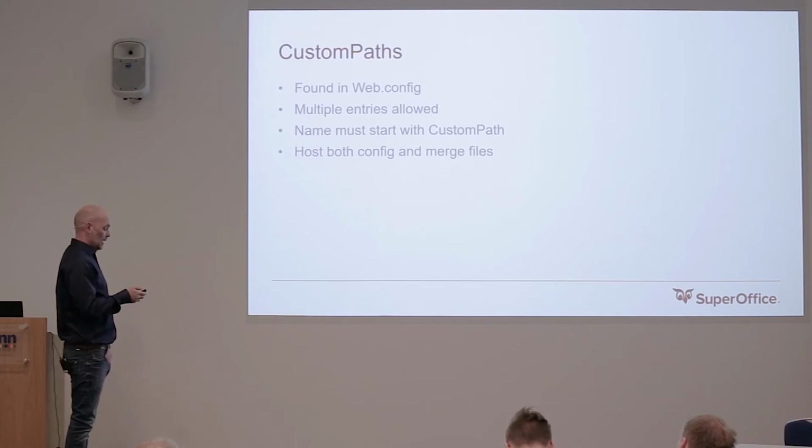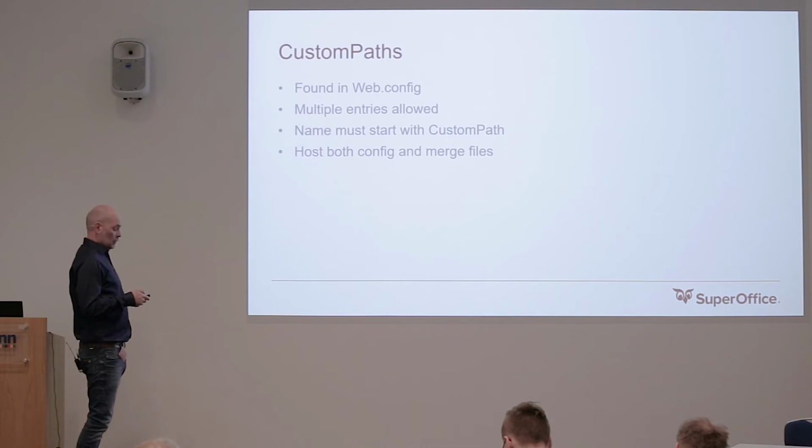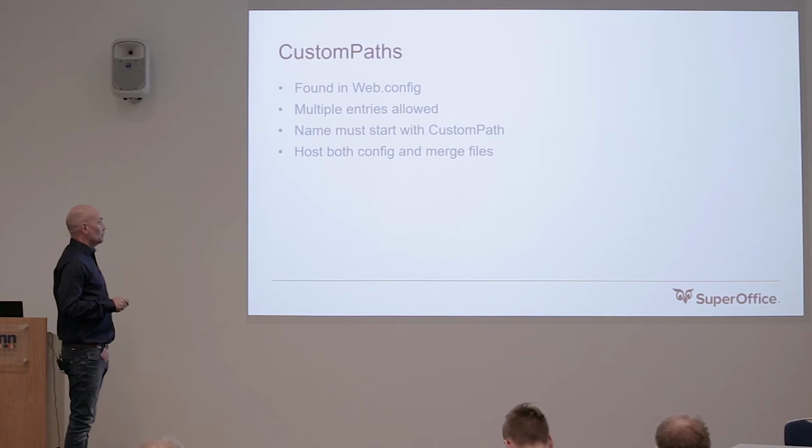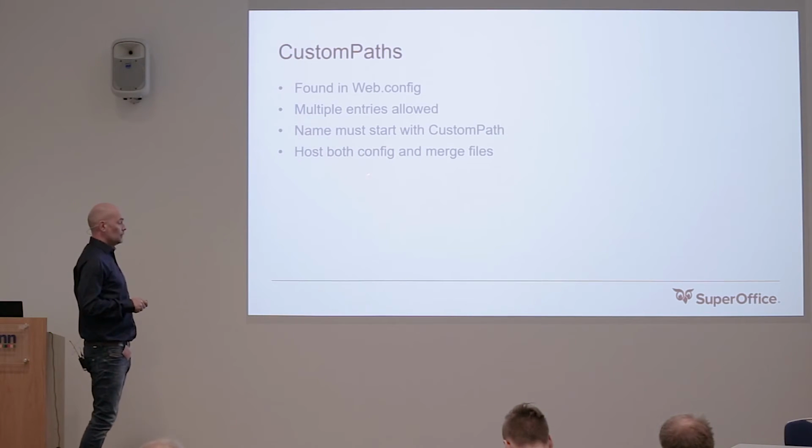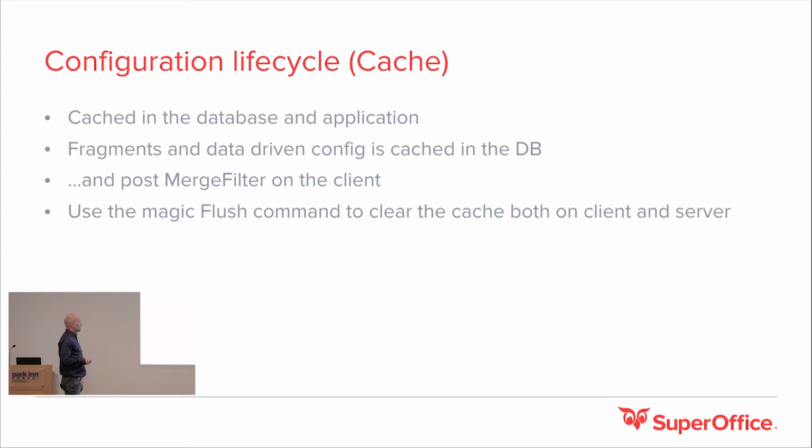So you can add a custom path, and we support as many custom paths as you want. And inside that folder of your custom path, you can host both full config files, if you have your own pages or dialogues, and merge files.